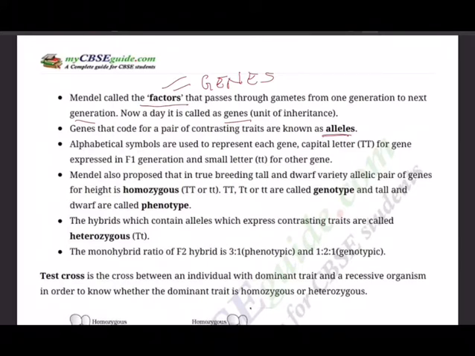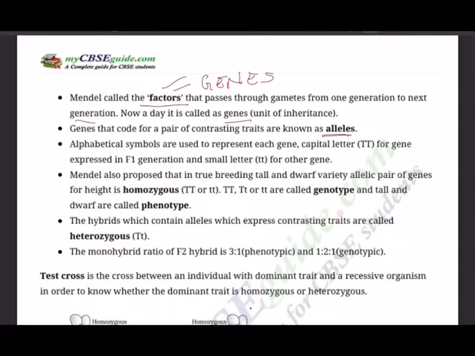Yesterday I said capital T, pure tallness, and small t, dwarfism, shortness. Capital T, small t, the heterozygous combination, is again an allele. So a pair of contrasting traits and the genes responsible for that are alleles.